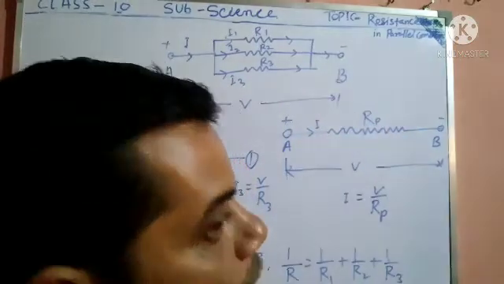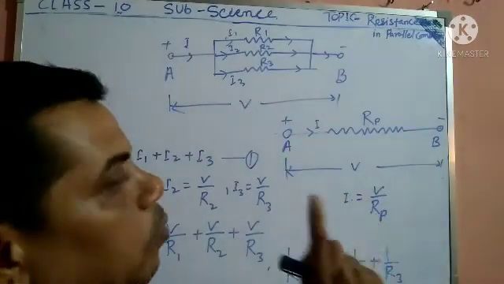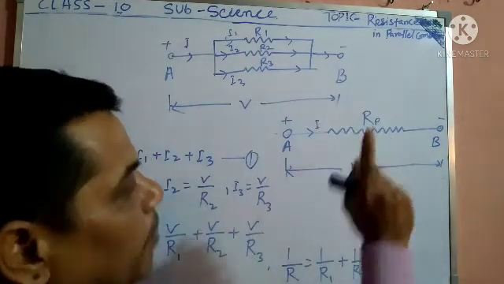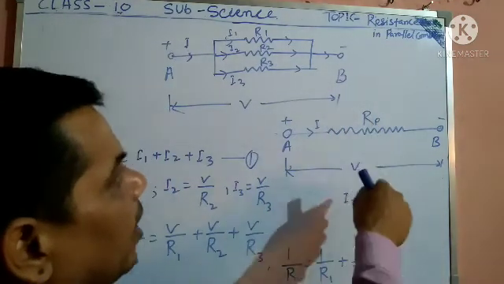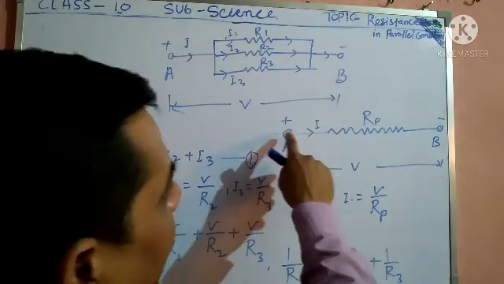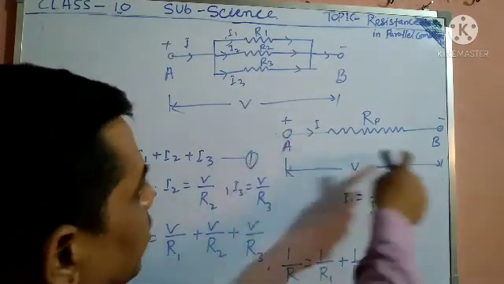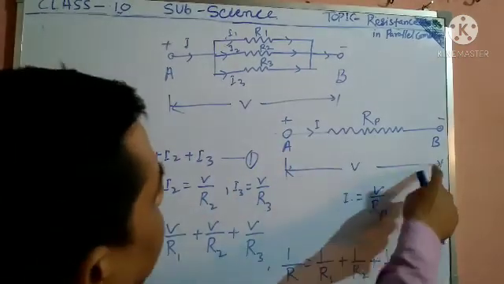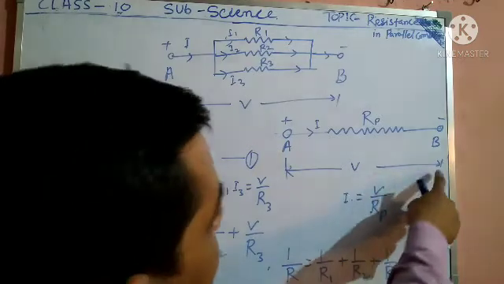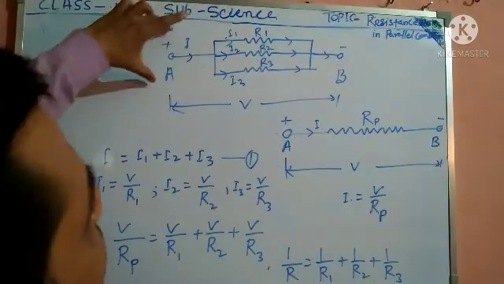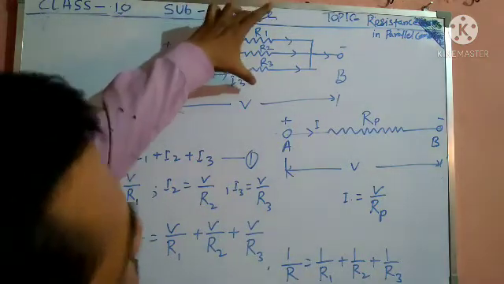P denotes parallel, and RS denotes series. So this is the parallel combination of the resistances R1, R2, R3.